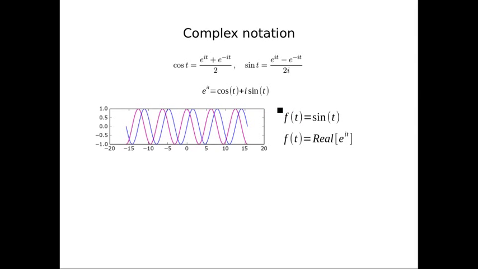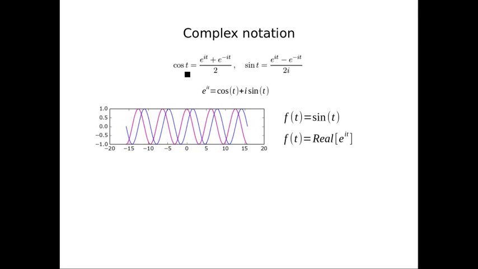Okay, so another way to express these is using complex notation. This might seem like it's a little trickier to understand at first, but it actually is advantageous for calculations where you might need to integrate or differentiate, because exponentials are so easy to manipulate.